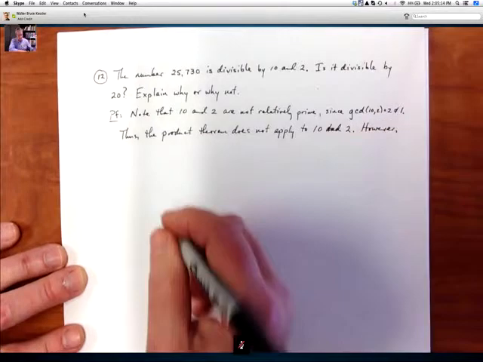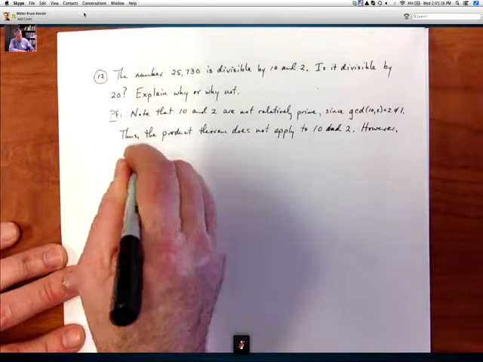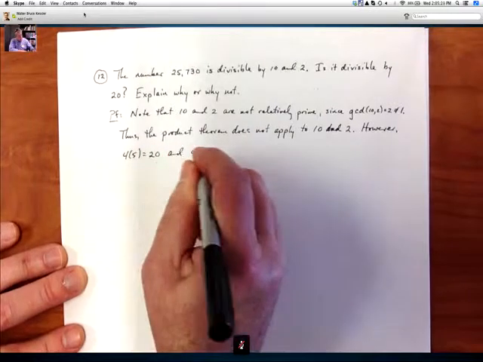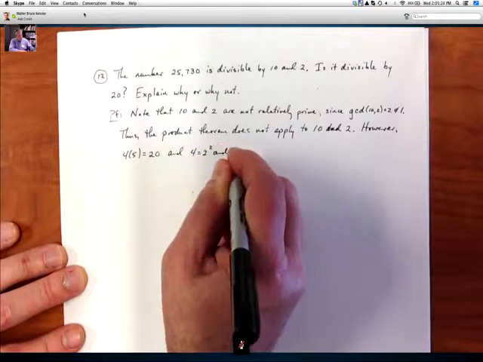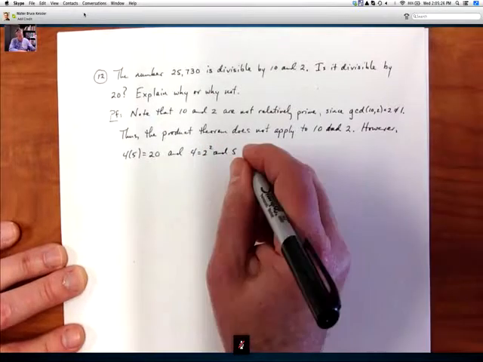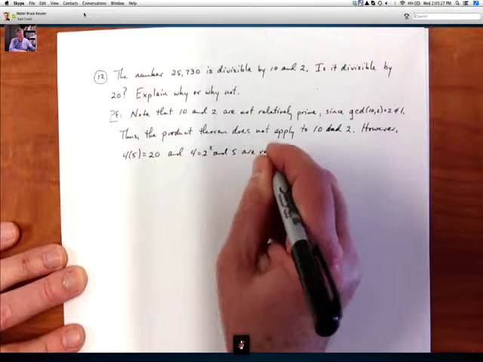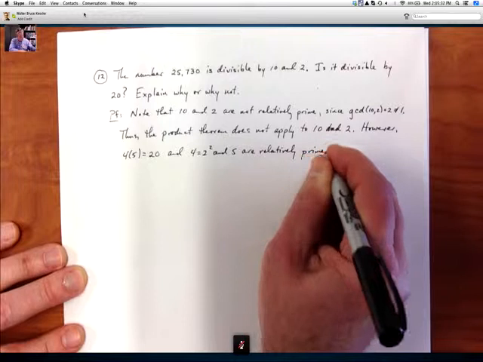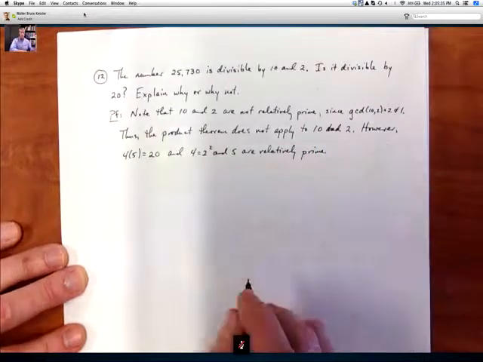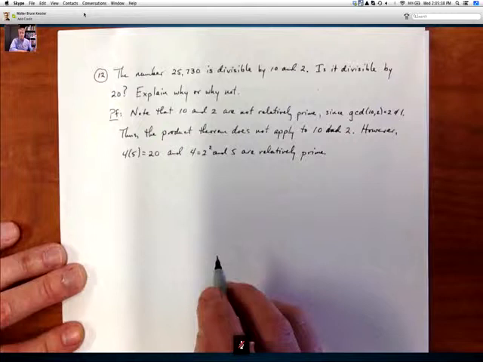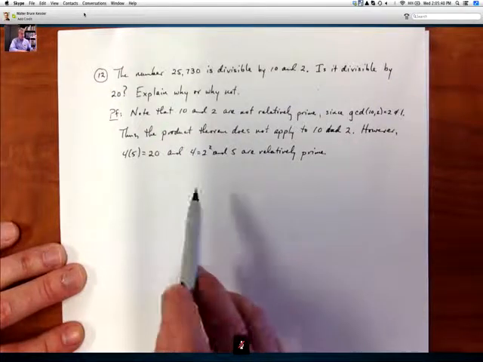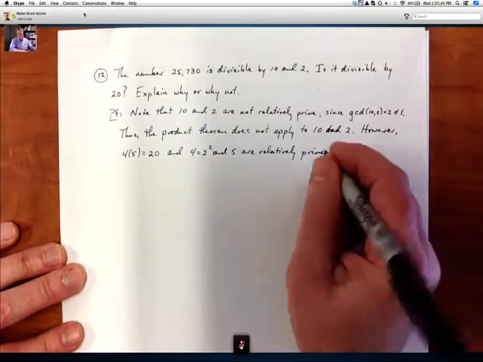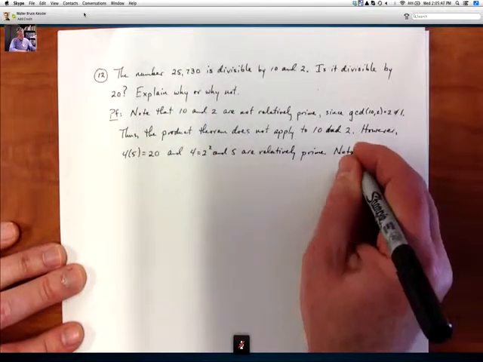However, 4 times 5 is 20, and 4, which is 2 squared, and 5, which is a prime itself, are relatively prime. So that number will be divisible by 20 if and only if I can show it's divisible by 4 and 5. 5 actually works, but 4 does not.